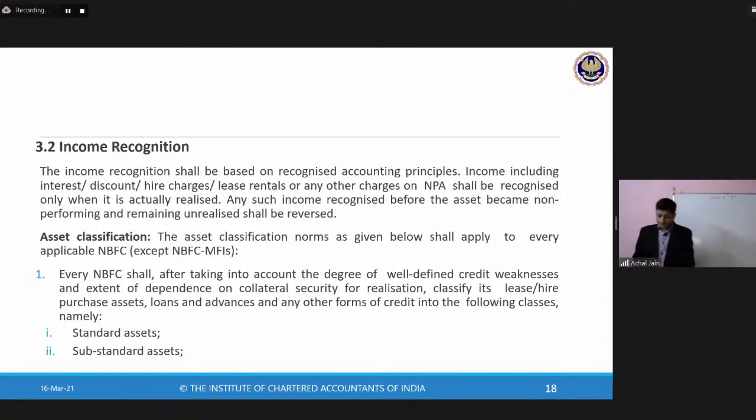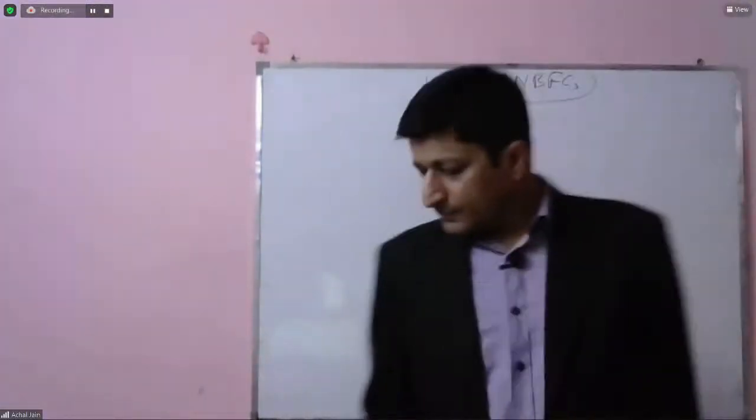Any other income before an asset becomes NPA shall be recognized on an accrual basis, and any income in respect of an NPA which has been recognized but is unrealized will have to be reversed. And then we'll move on to some of the requirements related to classification of assets. So let's understand these principles.